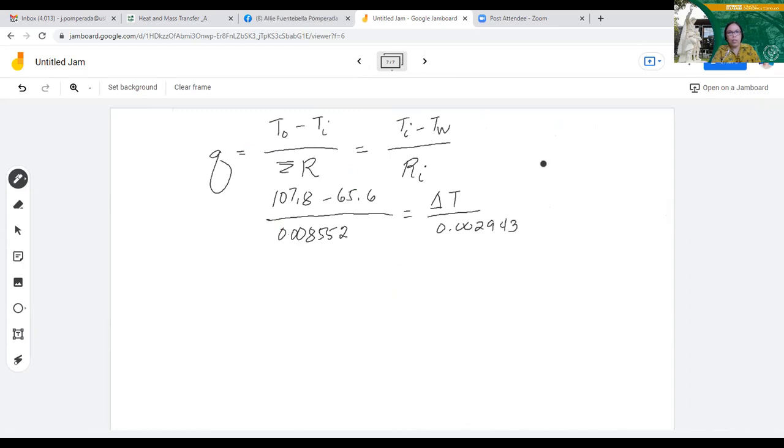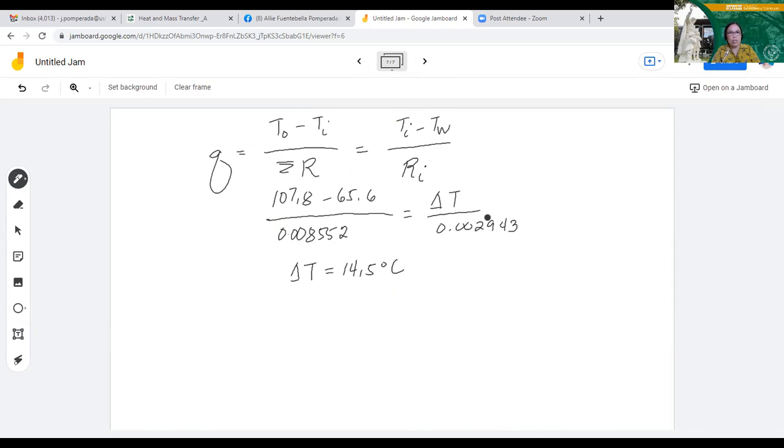In this process class, you are able to find the delta T. And the delta T value that you will be getting here would be 14.5 degrees Celsius.